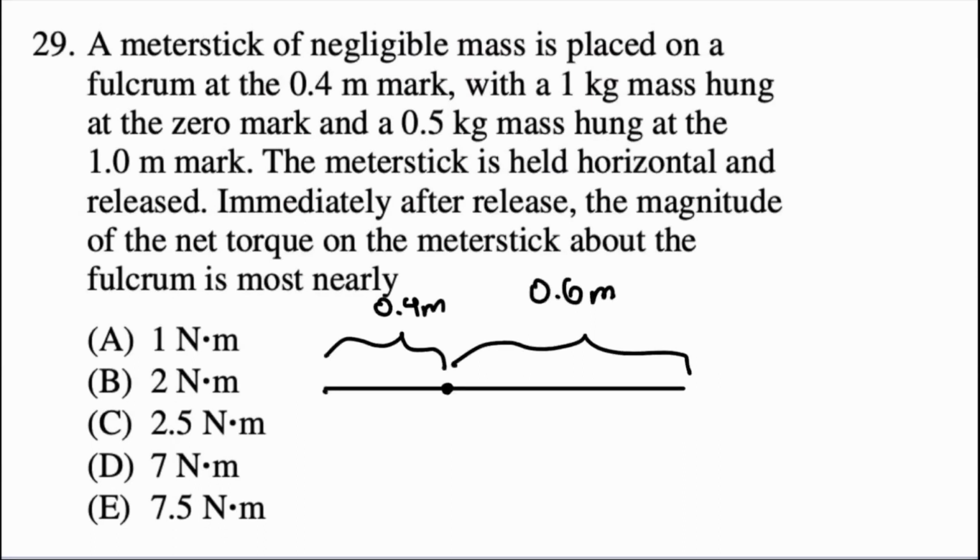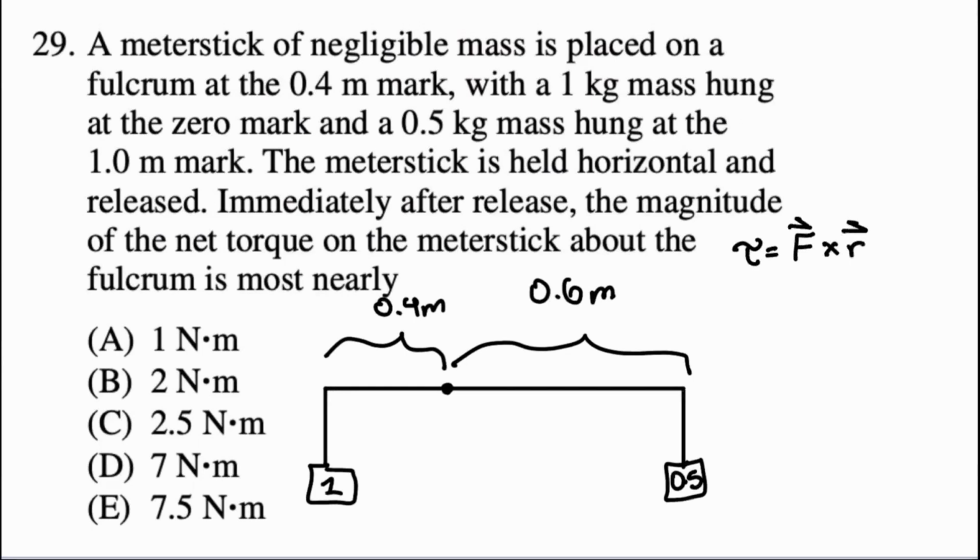And we're going to have a 1 kilogram mass hung here, and a 0.5 hung here. So 1 kilogram mass is hung at the 0 mark and the 0.5 at the 1 meter mark. Immediately after release, the magnitude of the net torque on the meter stick about the fulcrum is most nearly... So our torque is going to be equal to the cross product of force and position, its distance from the fulcrum.